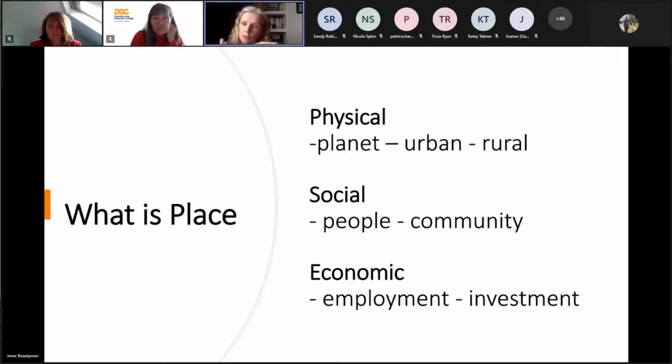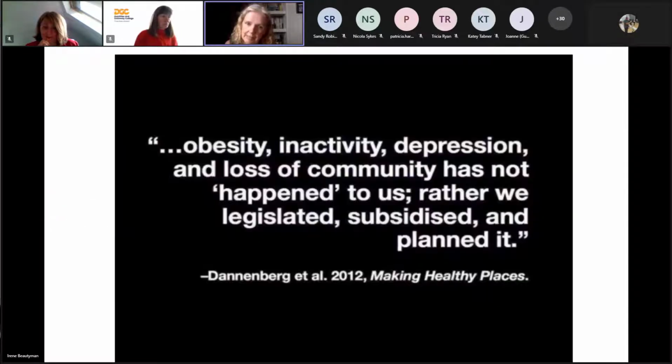And in a place there will always be the economic side, the work that people are doing, the investment that we all put into the roof over our head, whether we've bought it, we're renting it, we're borrowing it, and the investment into the pavement outside when we walk out, and all the organisations that invest in an area as well. And all three of those interact in every place. That is the basis of place-based approaches, to be thinking about the fact that we have all three of those and that they interact.